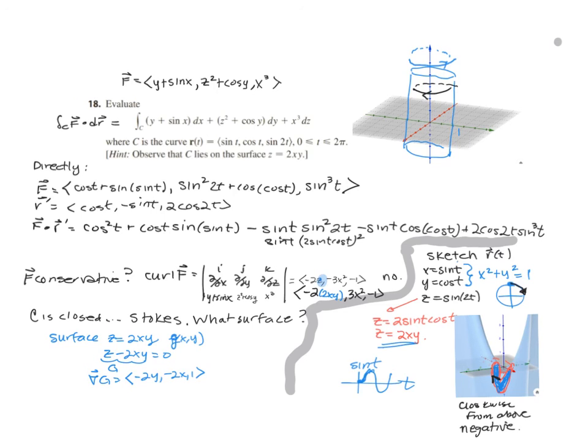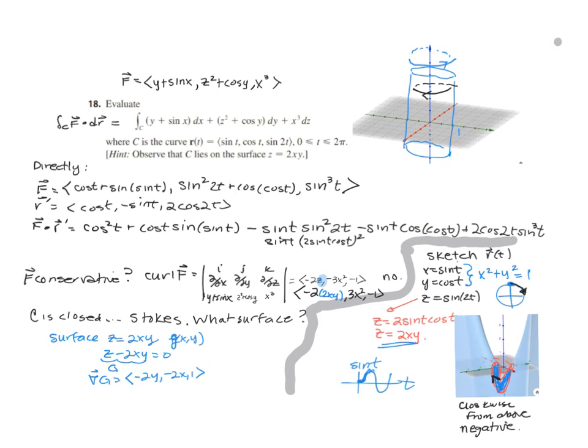And so for Stokes' theorem, we can handle that a couple ways. For Stokes' theorem, we would either find the work around the opposite of this curve using this positive orientation, or the way I like to do it is just negative orientation for curve, I want negative orientation for surface.